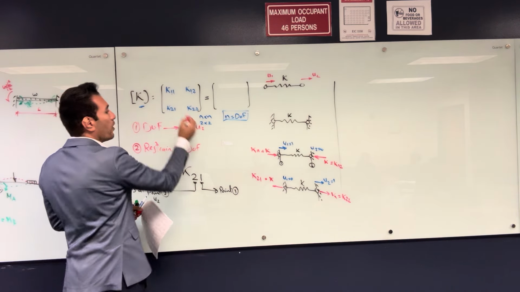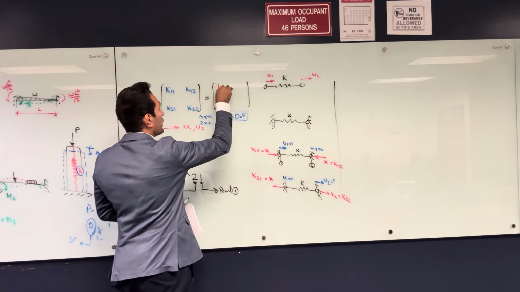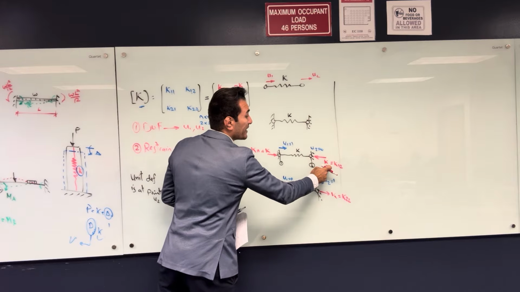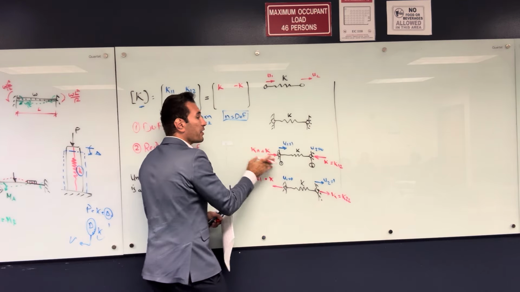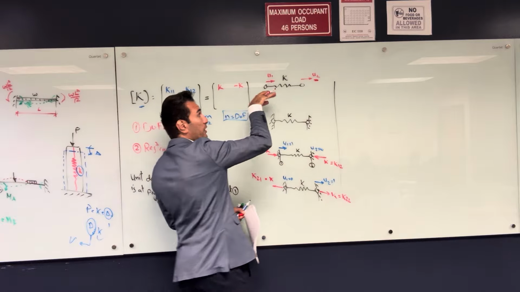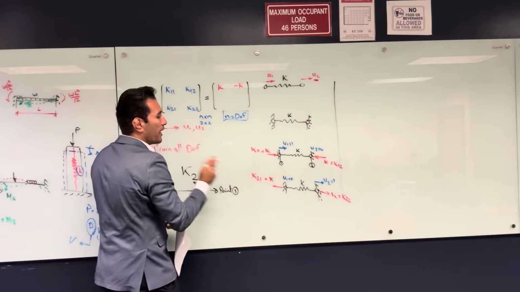look at that. K11 is equal to K. K12, oh shoot, is negative K. Why is it negative? Because it's in the opposite direction of the assumed degrees of freedom. That's true. The degree of freedom is that way, this is that way. How about this one?